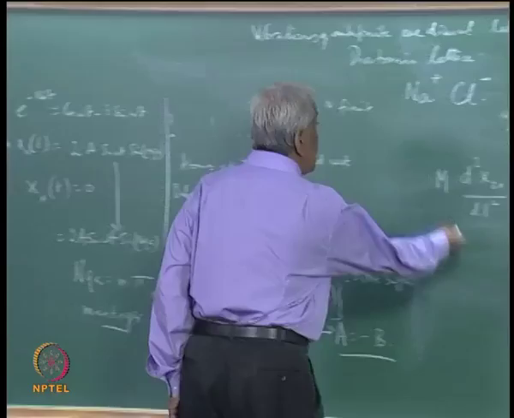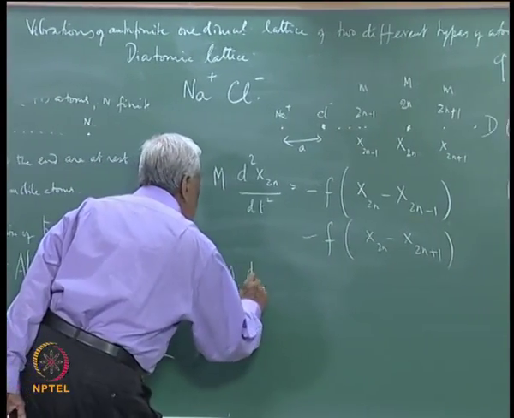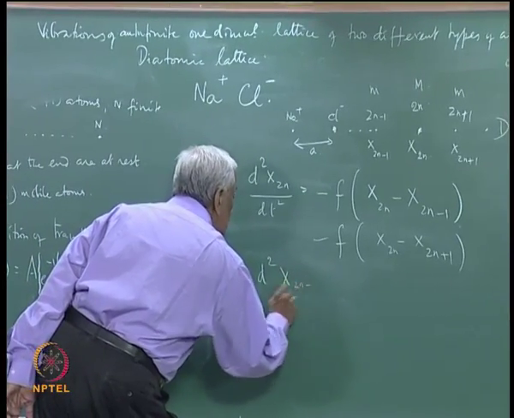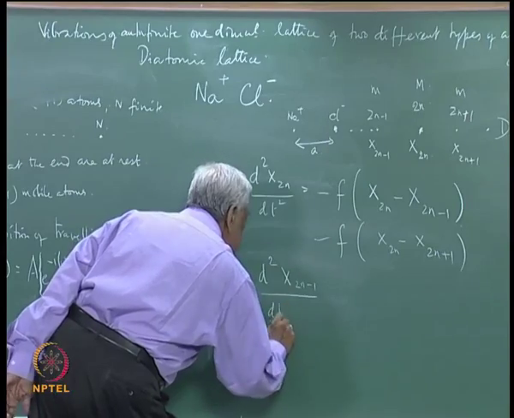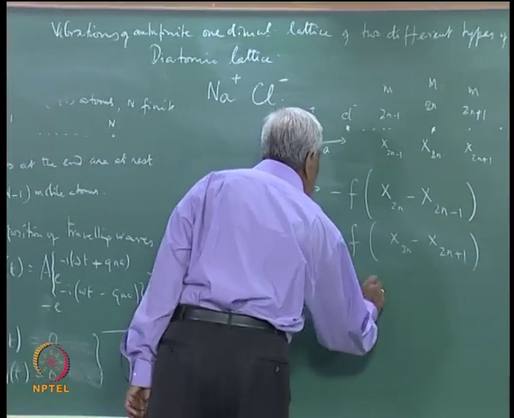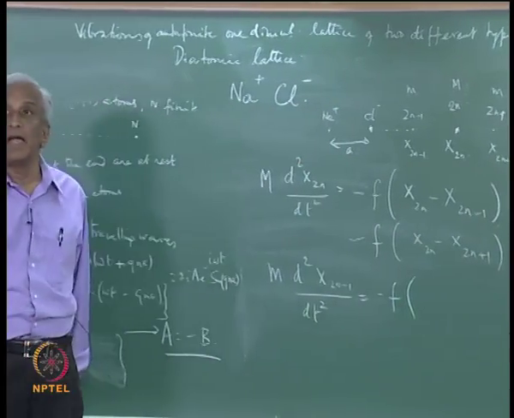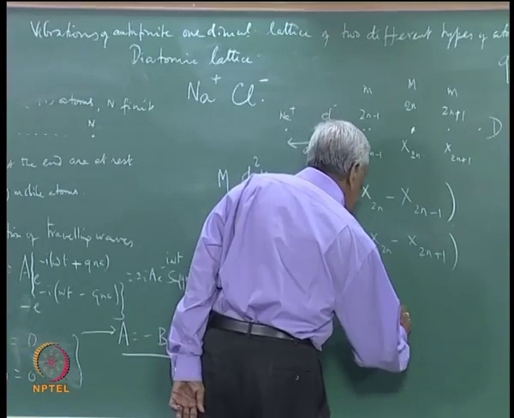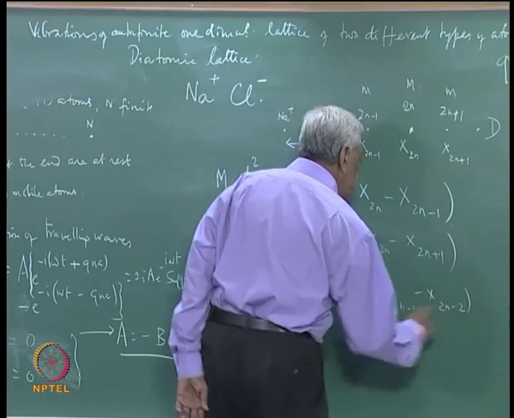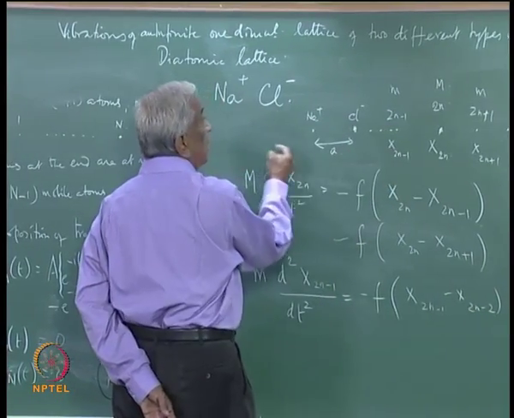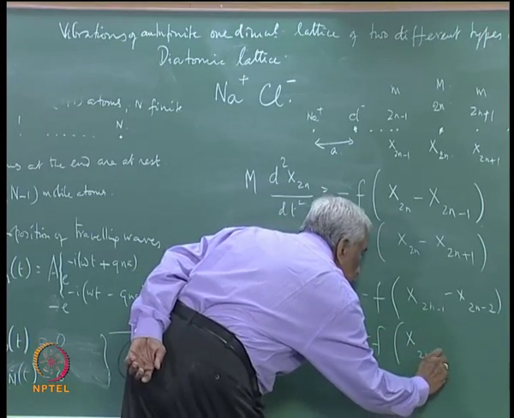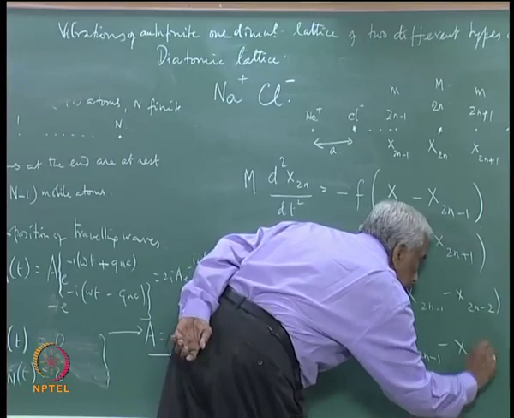And a similar equation, there are two equations now, one for the mass capital M and the other for the small m. So, this will be minus f times (x 2n minus 1 minus x 2n minus 2), that would be the neighbor here on this side, and minus f times (x 2n minus 1 minus x 2n).